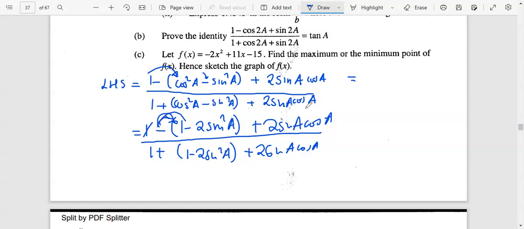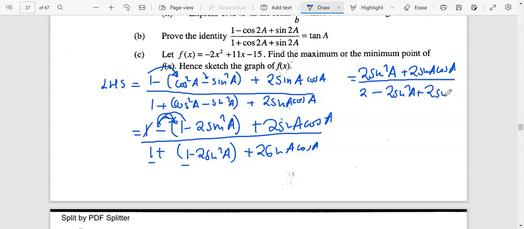And then this negative I multiply by this, it will be positive. So that will be positive 2 sin squared a, and then plus 2 sin a cos a. And then divide down. We are going to have 1 plus 1, which is going to give us a 2, and then minus 2 sin squared a, then plus again 2 sin a cos a.